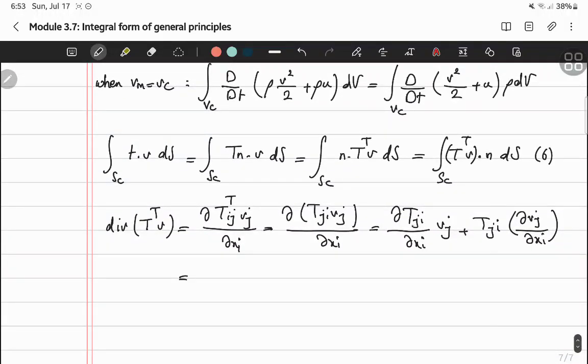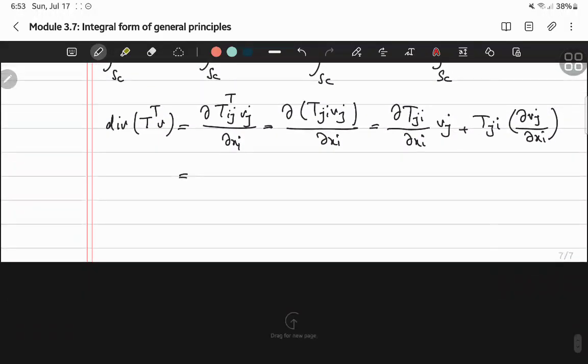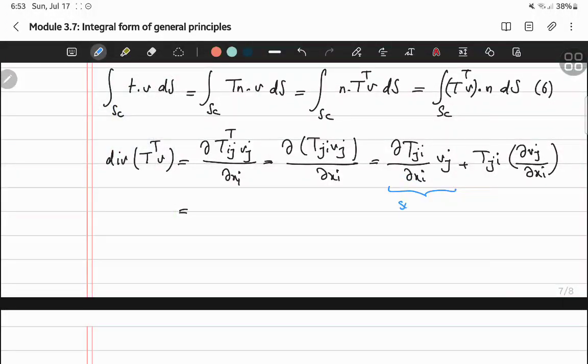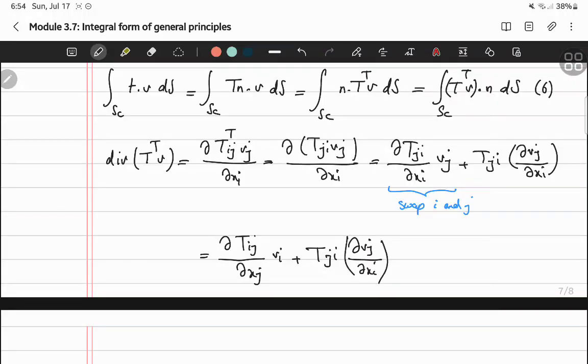If we swap i and j in the first one, we get the partial derivative of t_ij with respect to x_j times v_i, plus t_ji times the partial derivative of v_j with respect to x_i.